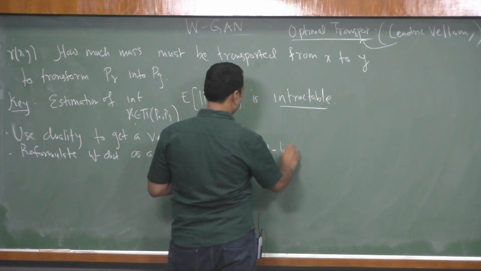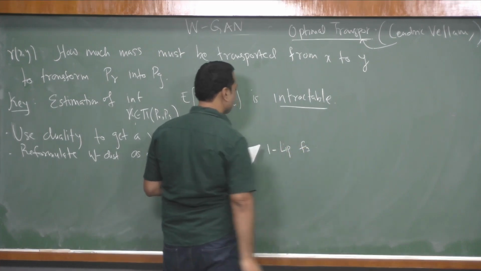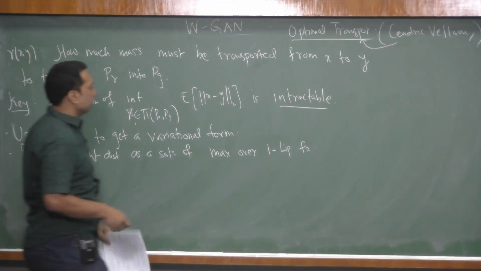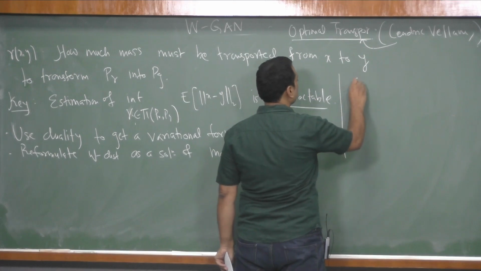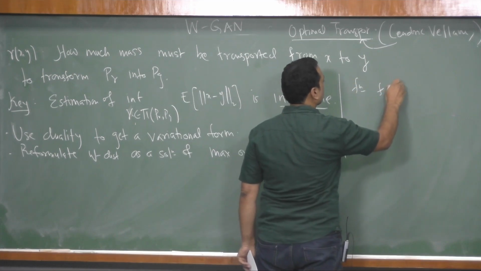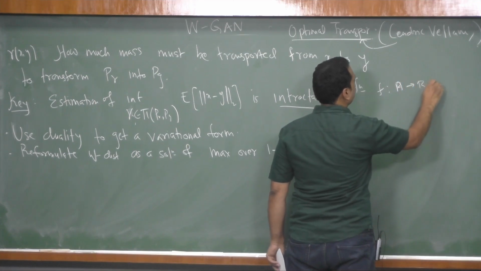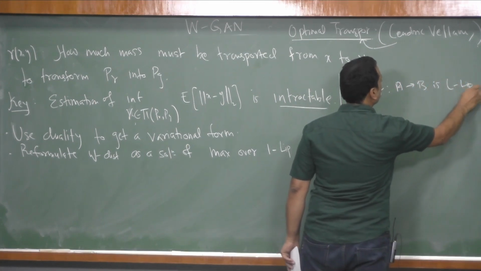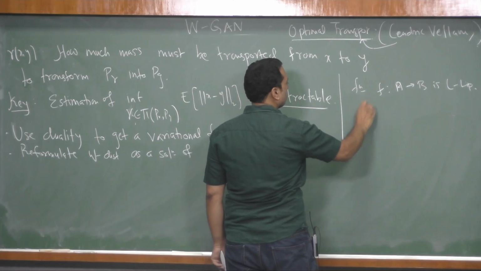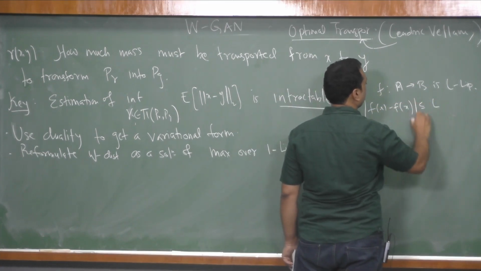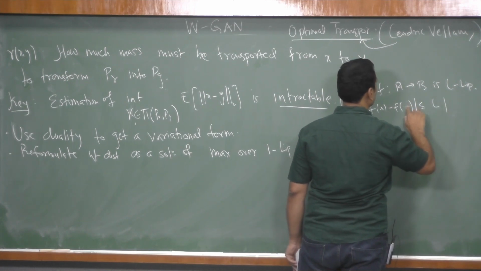Lipschitz functions: a function f is L-Lipschitz if |f(x) minus f(y)| is less than or equal to L times ||x minus y||.